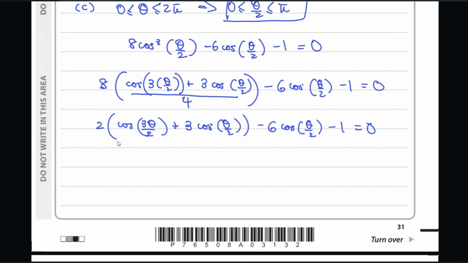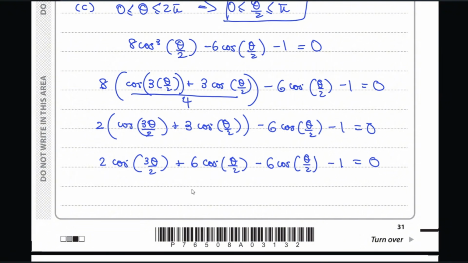Let's multiply 2 into this bracket, so it becomes 2 cos 3 theta over 2. And then 2 times 3 is 6 cos theta over 2. And then we have minus 6 cos theta over 2, and these two will cancel. Minus 1 equals 0. So finally we have 2 cos 3 theta over 2 minus 1 equals 0.